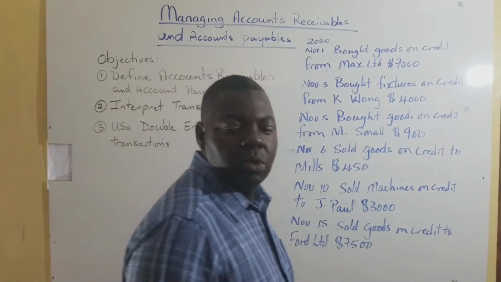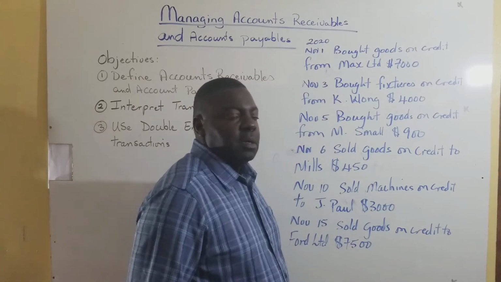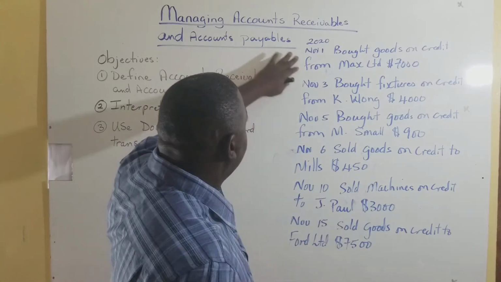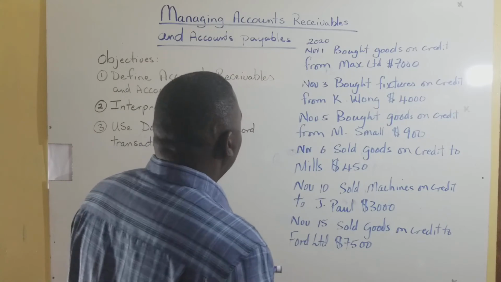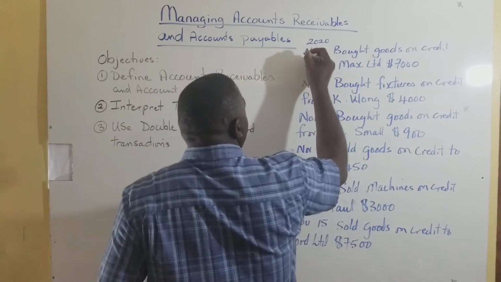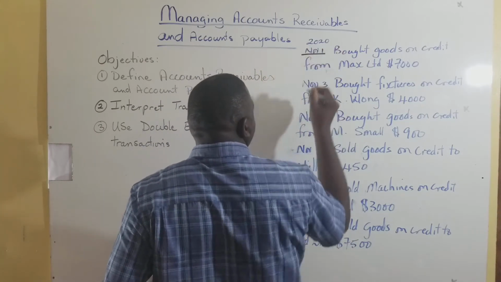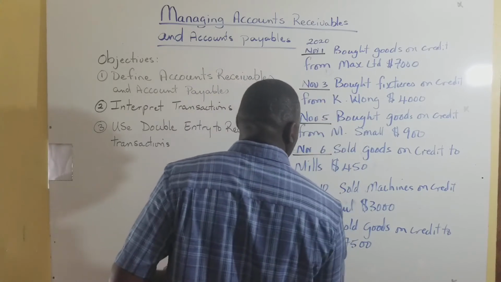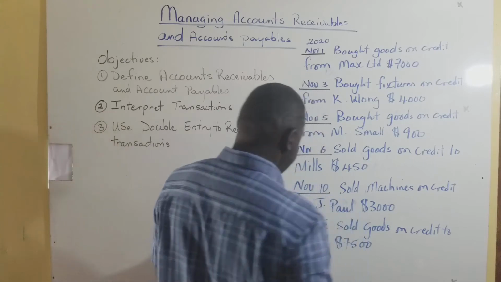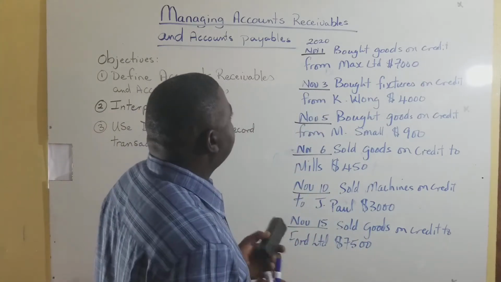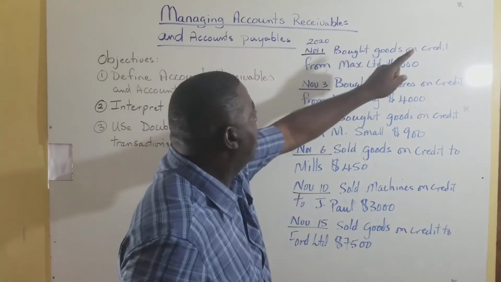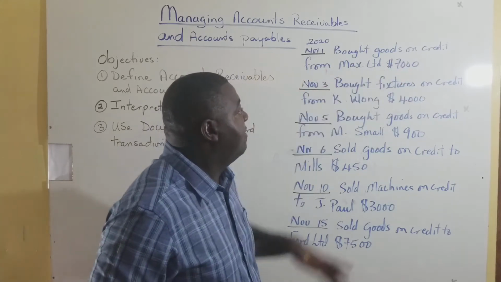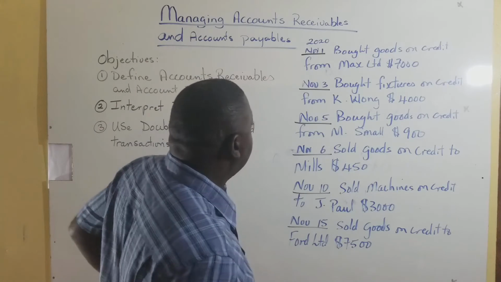Now, ladies and gentlemen, let's go. So we have placed the transactions on the board. To distinguish them, we're going to underline the date so you're aware and separate the information somehow that you know the date, to make it a little bit clearer. So the first transaction says we bought goods on credit from Max Limited, $7,000. We're going to be interpreting.